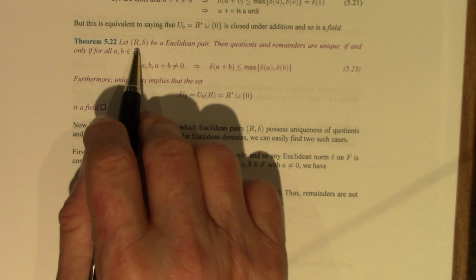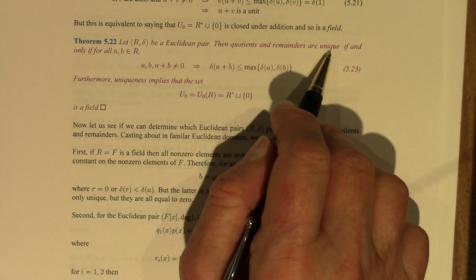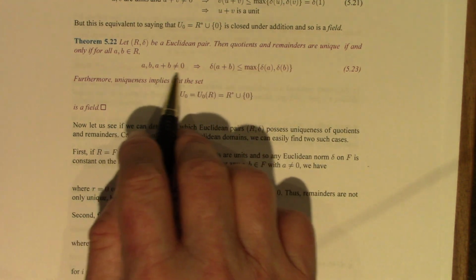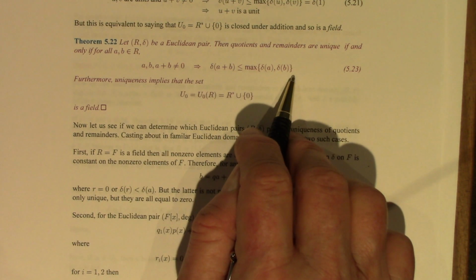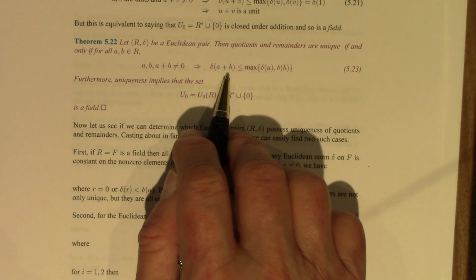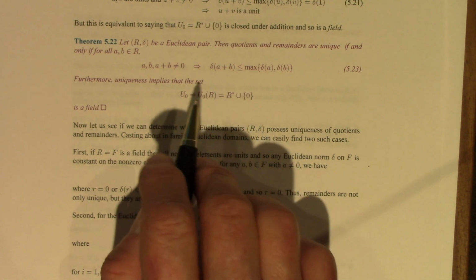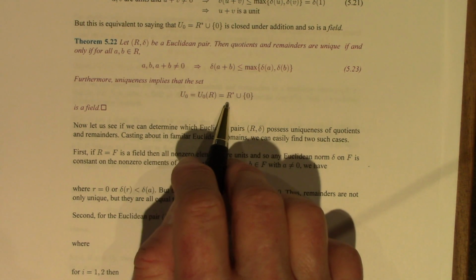So, let R, delta be a Euclidean pair. Then quotients and remainders are unique if and only if this condition holds, this inequality on the norm of the sum. Furthermore, uniqueness implies that this set is a field.